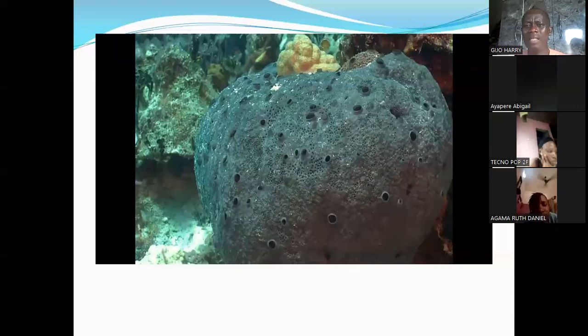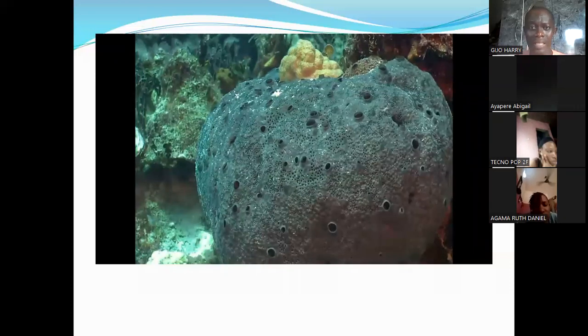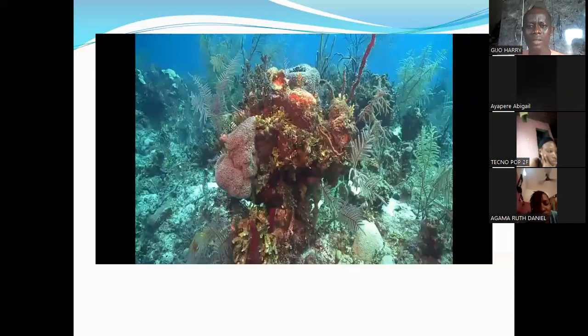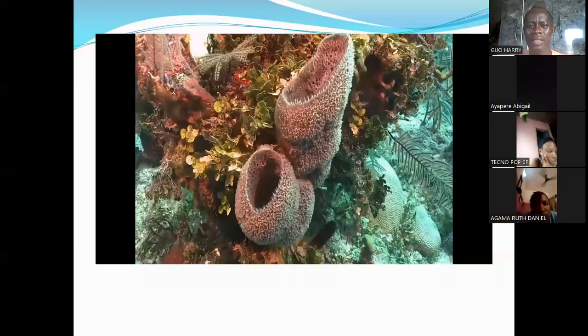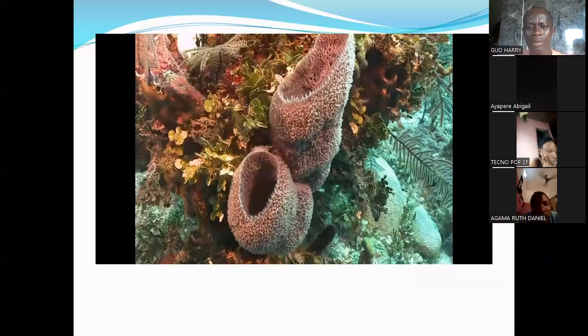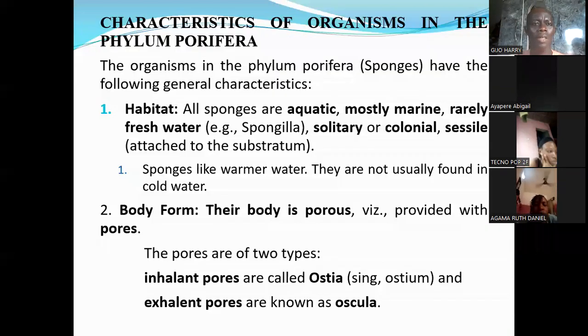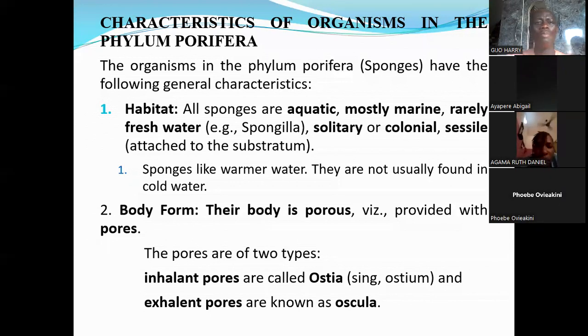The adult sponge doesn't even look like an animal. They can't move from one place to another, unlike other animals. So we want to also look at the characteristics of the organisms in the phylum Porifera.